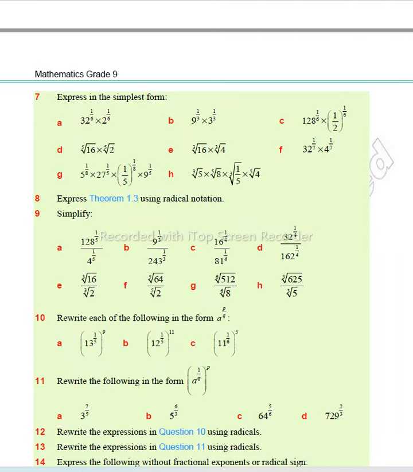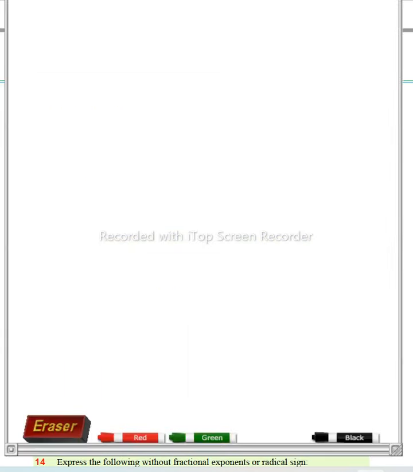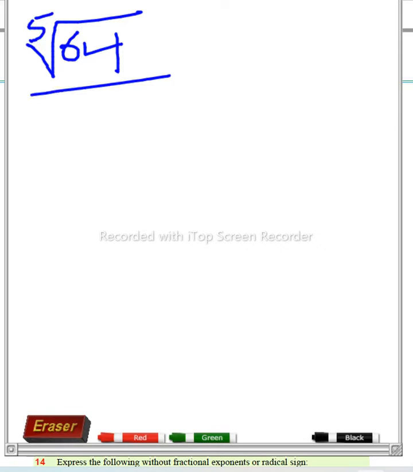The question says the fifth root of 64 over the fifth root of 2. Fifth root of 64 means 64 the power of 1 over 5.